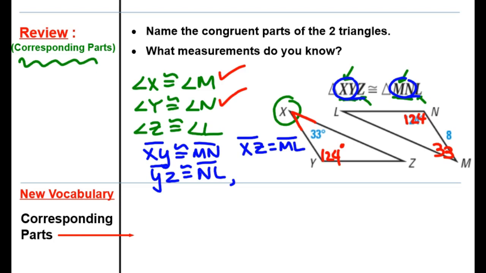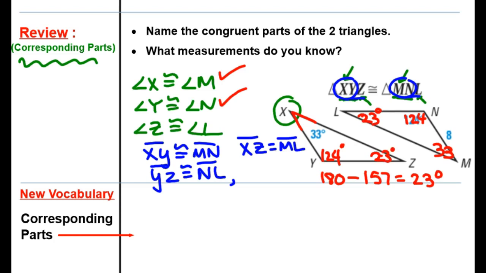The last thing is I don't actually know a number for L and Z, the two that are left, but the third angle theorem says they have to be the same. I do know that there are 180 degrees in a triangle, and if I take away the 124 and the 33, which is a total of 157, I would have a total of 23 degrees left. That makes both of these angles 23 degrees.